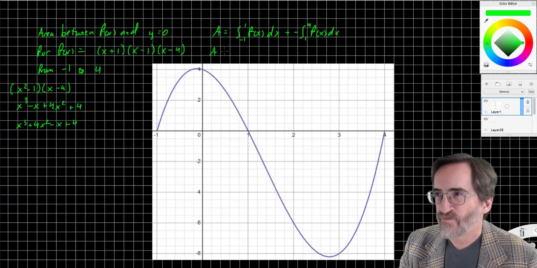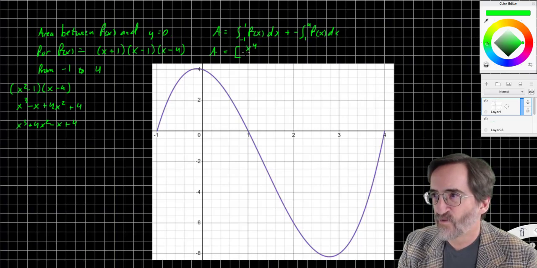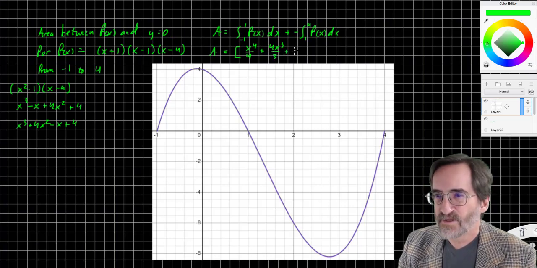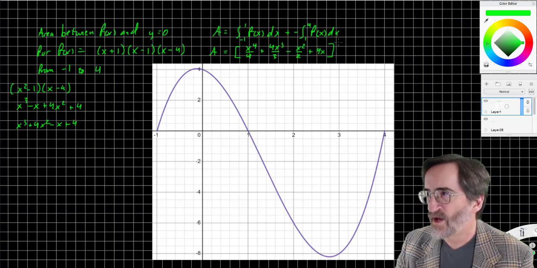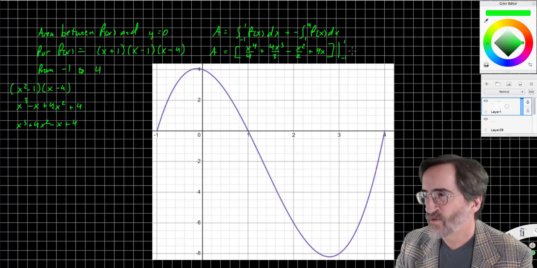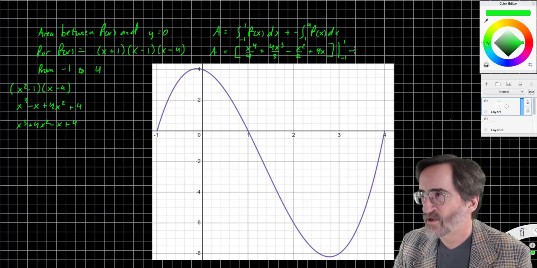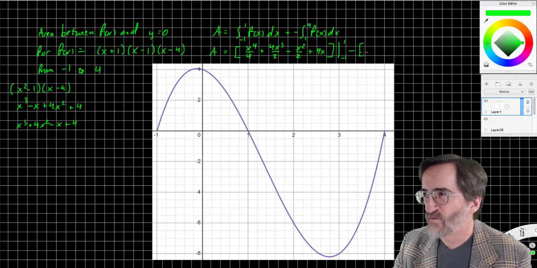The integral of that from -1 to 1 is x to the 4th over 4, plus 4x cubed over 3, minus x squared over 2, plus 4x, from -1 to 1, plus or minus the same thing from 1 to 4.